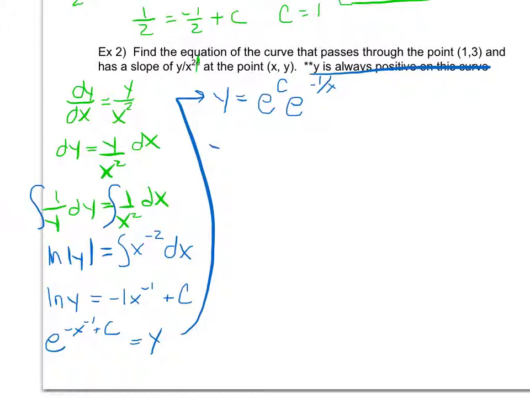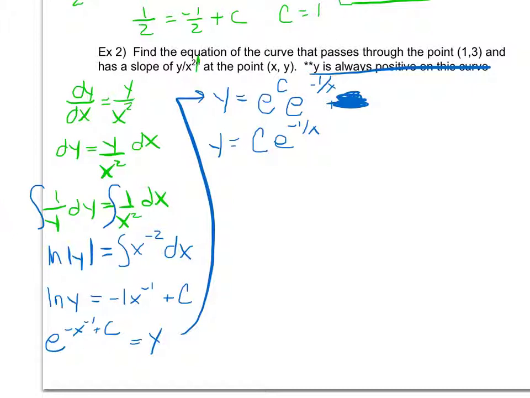So that gives me my general solution, and e to the c, remember, is just some constant. Call it c. So y equals c times e to the negative 1 over x, and I'm sorry, I was not supposed to write this plus c here because I took care of my plus c when I brought it up. So here would be my general solution.